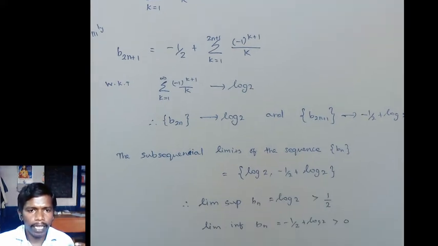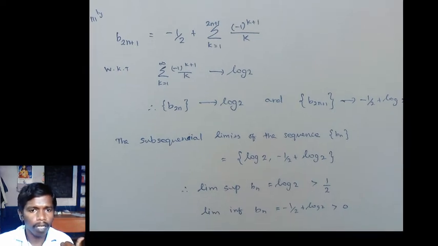So, I just consider the subsequential limits of the sequence, which are nothing but log 2 and -1/2 plus log 2. Now, the question deals with limit supremum and limit infimum.